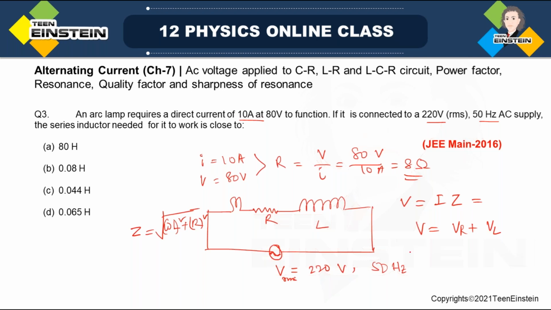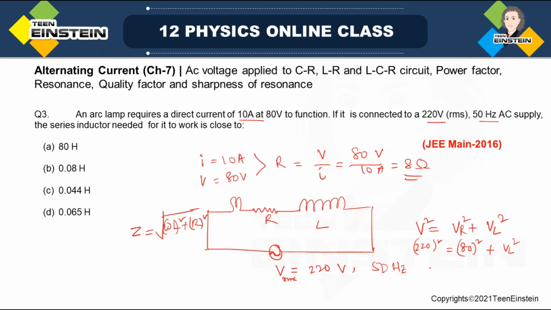Sorry, this is V square, if you go with the phasor diagram: V^2 = VR^2 + VL^2. So this is 220 whole square equal to VR square, which will be 80 square because it is given already, plus VL square.